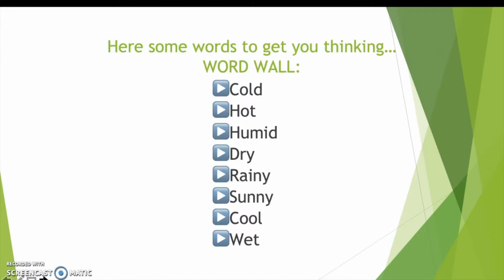All right, and also we're going to try to use these characteristics when talking about the 5 different regions. So we're going to be referring back to this word wall, and we have cold, hot, humid, dry, rainy, sunny, cool, and wet as describing words for characteristics of the specific regions that I'll introduce here in just a minute.